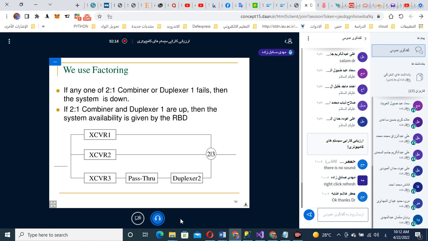This is with duplexer 1 and combiner up. Come back here.